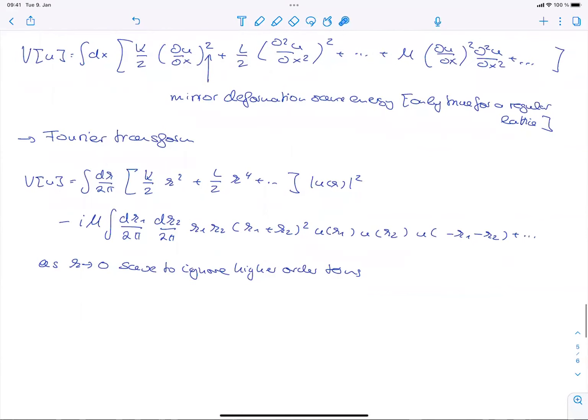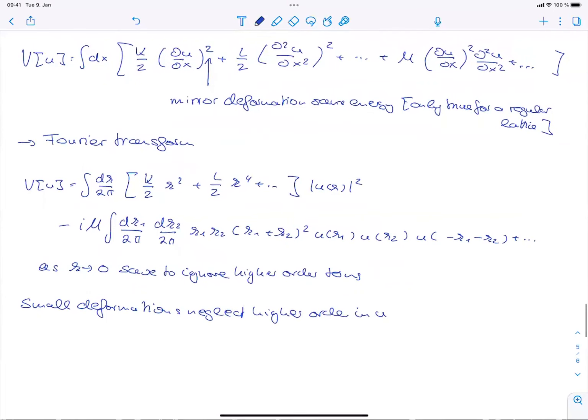And so the simplest model in this case is, we consider small deformations and neglect higher order terms in U.